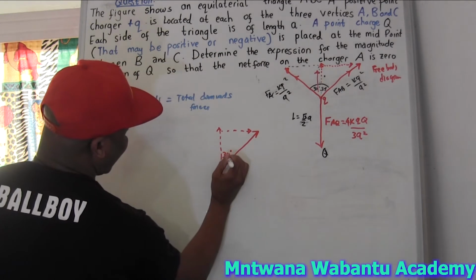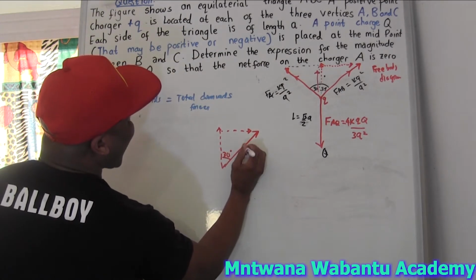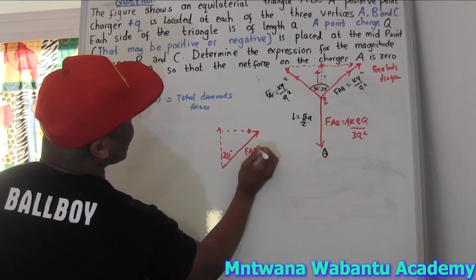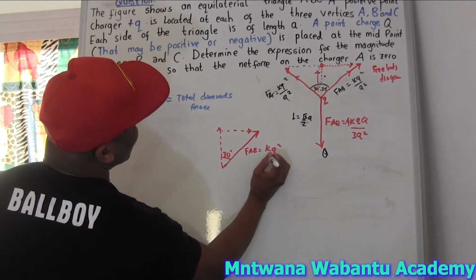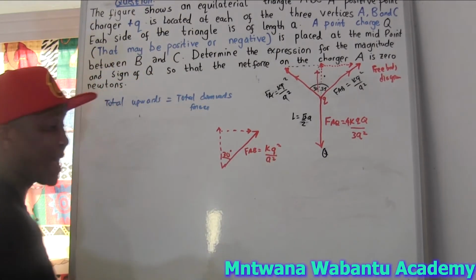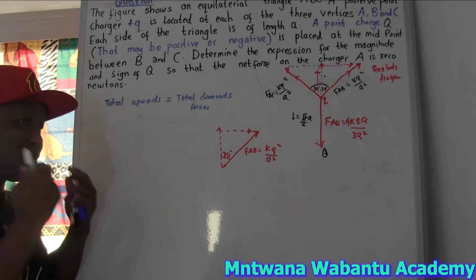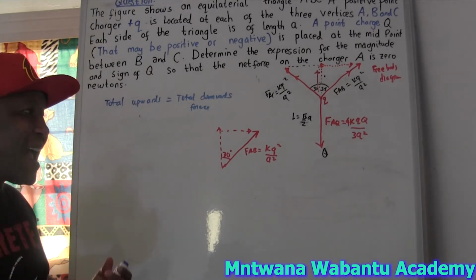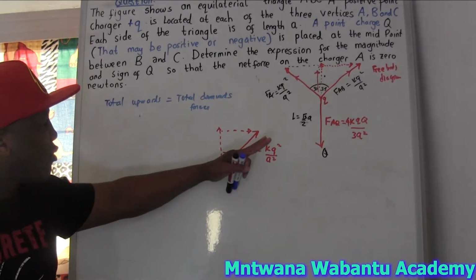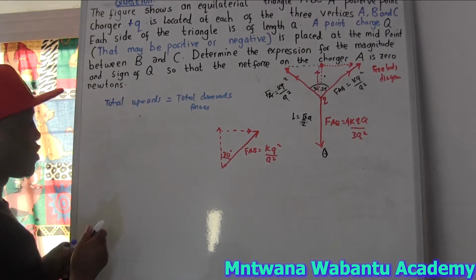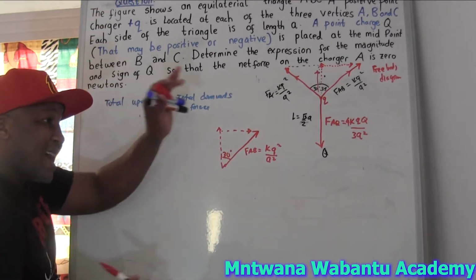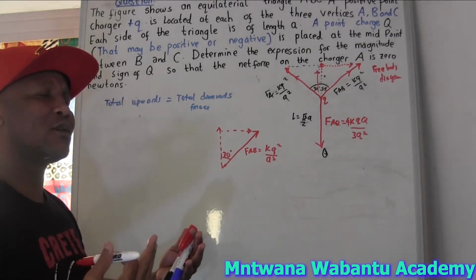If this is 30, and this is my hypotenuse, and force AB equals KQ squared over A squared, which you got already. So now use your common sense. My angle is always between hypotenuse and adjacent. It doesn't matter how they turn your triangle, look at where my angle is.